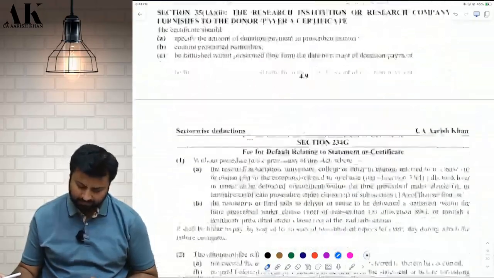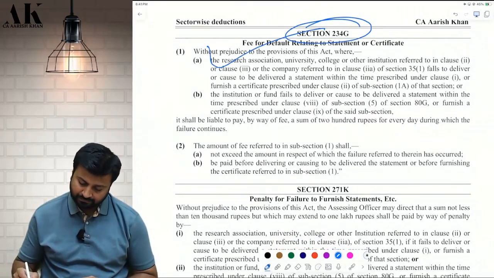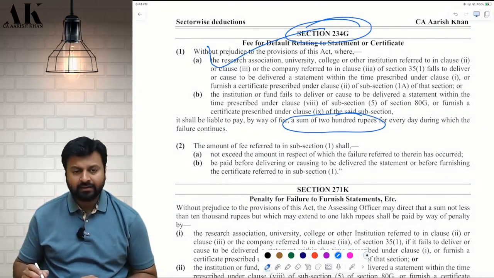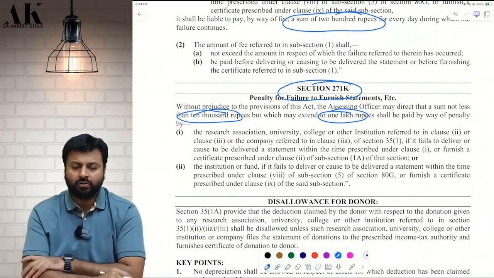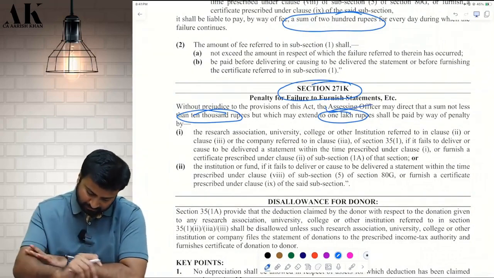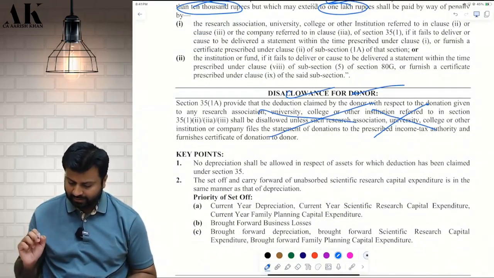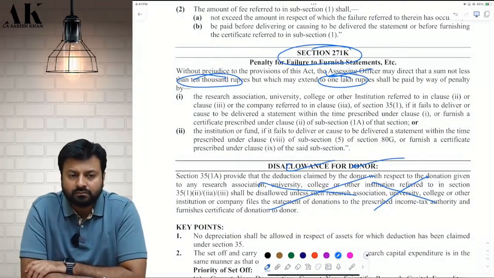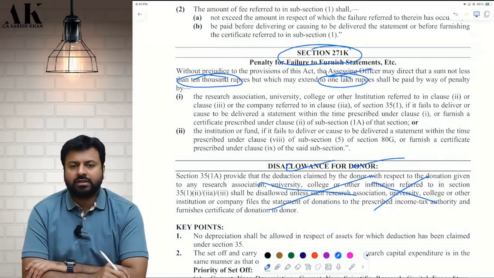If they don't do so, they will be liable for a fee under 234G of 2000 rupees every day and penalty under 271K of 10,000 to 1 lakh rupees, which will be imposed by the assessing officer. And even the disallowance will be done for the donor. Donor will also not get deduction. Agreed or not? Please tell me, please. Yes, sir. So this is what this section is all about. Is it clear, all of you?